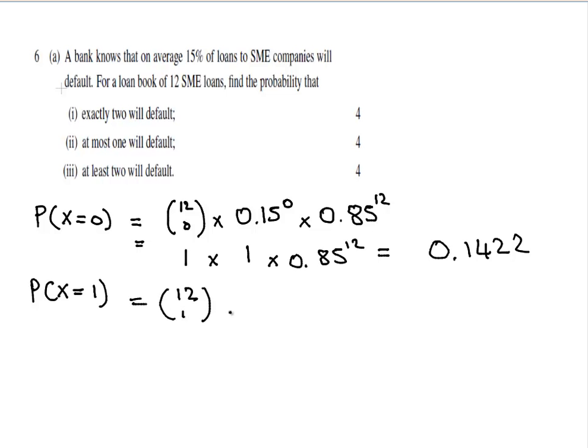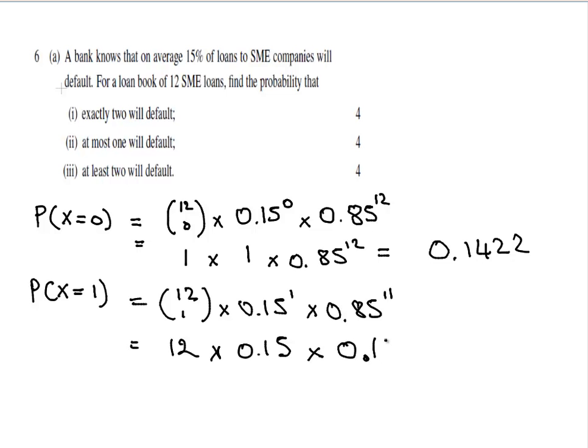The probability of x equal to 1 is 12 choose 1 times 0.15 to the power of 1 times 0.85 to the power of 11. So this is a slight bit more complicated. That's 12 times 0.15 times 0.85 to the power of 11. Working it out in your calculator, you should get a number like 0.1673, and I make that out to be 0.3012.